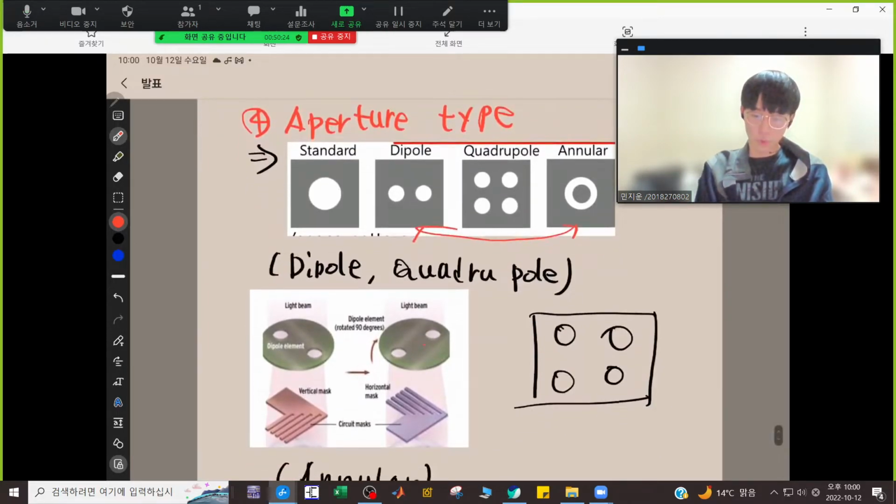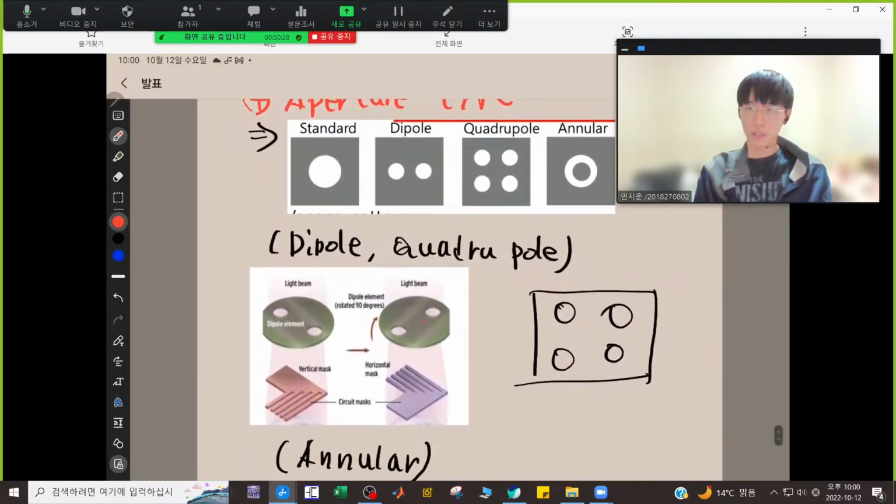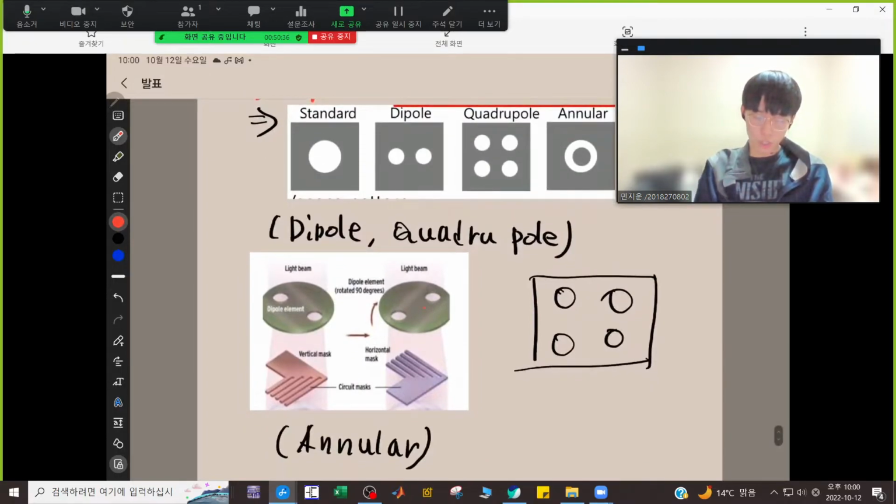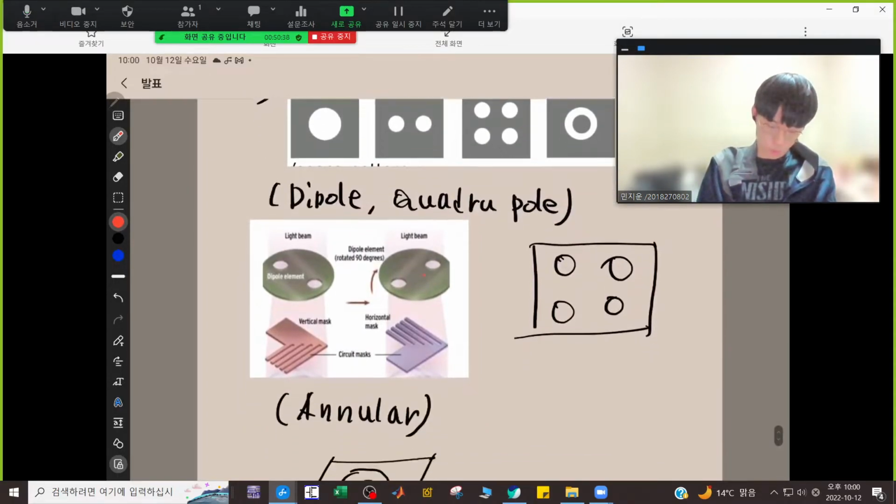The dipole and quadrupole types are selected for a line pattern mask. If you see this picture with this vertical mask, this dipole aperture has diffraction waves like this.